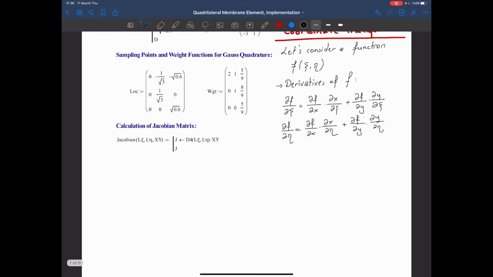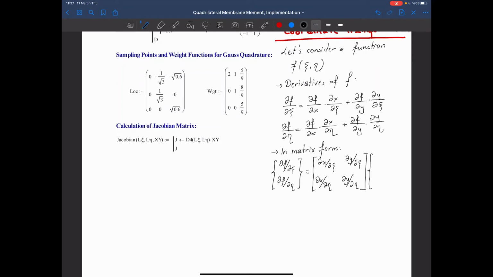So if we write this in matrix form, I have del f over del psi, del f over del nu is equal to del x over del psi, del y over del psi, del x over del nu and del y over del nu.